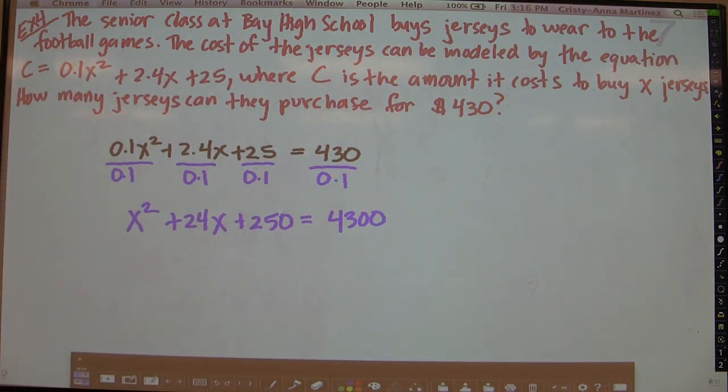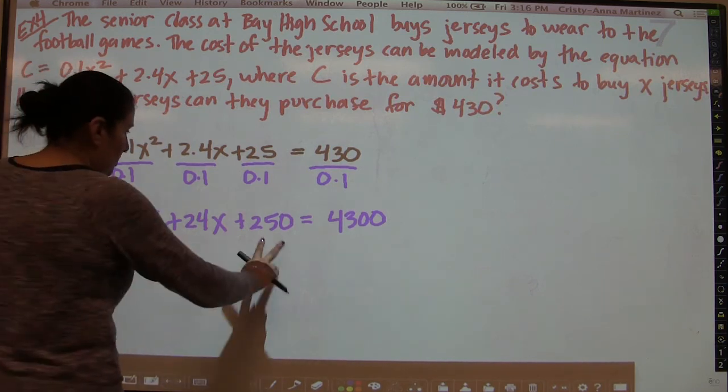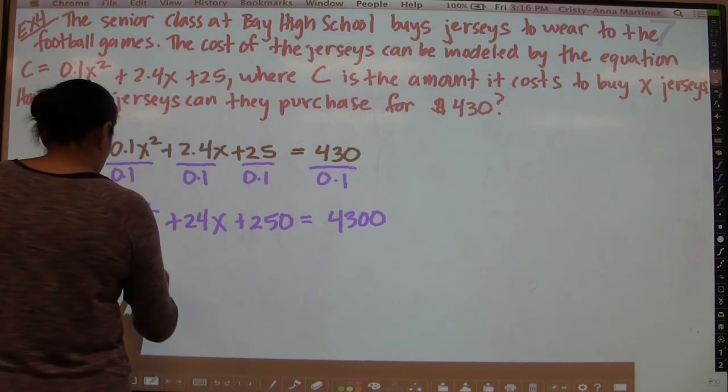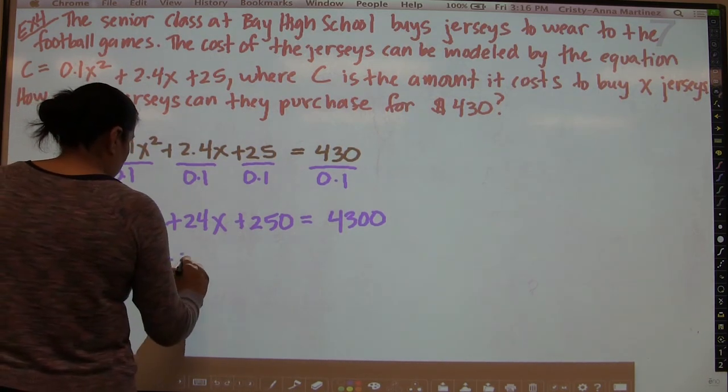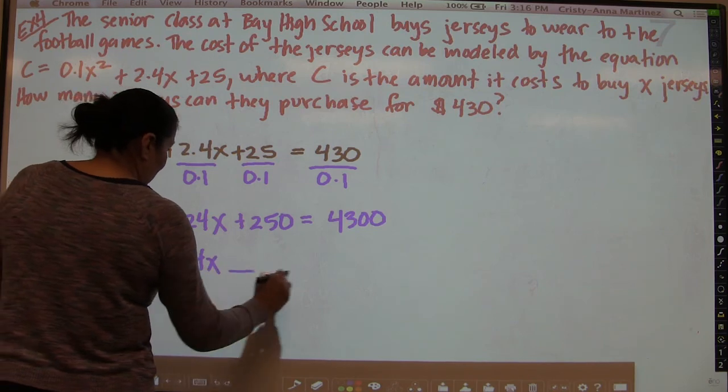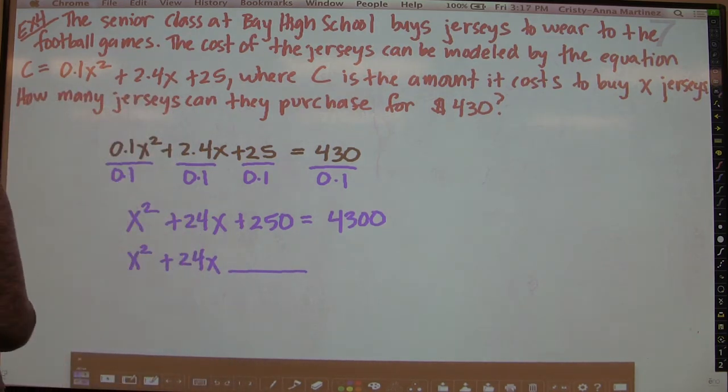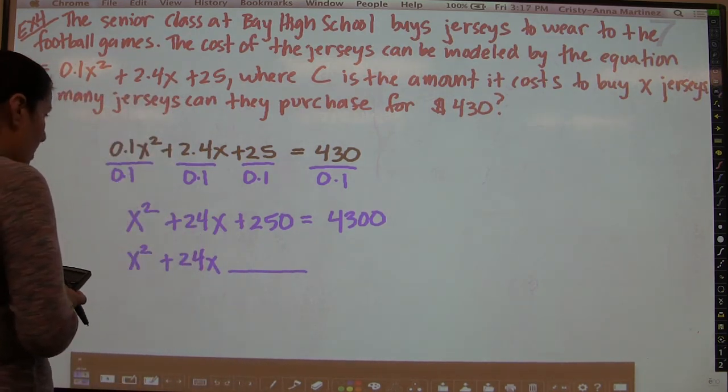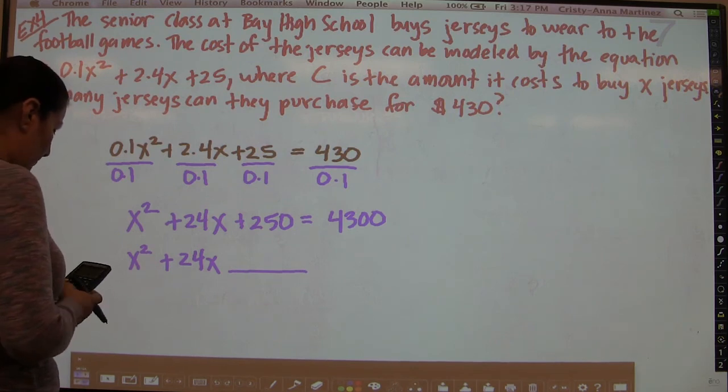All right? So there you go. Now we're going to carry on doing our completing the square, but of course we want to move the 250 to the other side, so we're going to write x squared plus 24x, we'll put our blank, and then we're going to take 4,300, and we're going to subtract the 250.